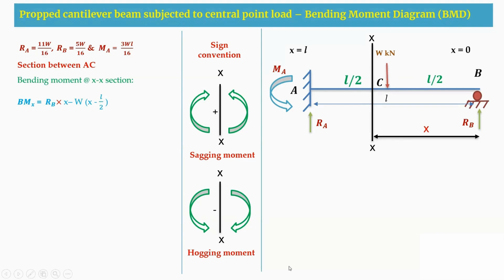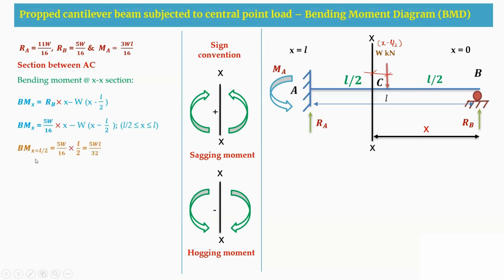This distance will be W into X minus L by 2. So this is negative. So RB into X minus W into X minus L by 2. The limit here is L by 2 less than or equal to X, less than or equal to L.